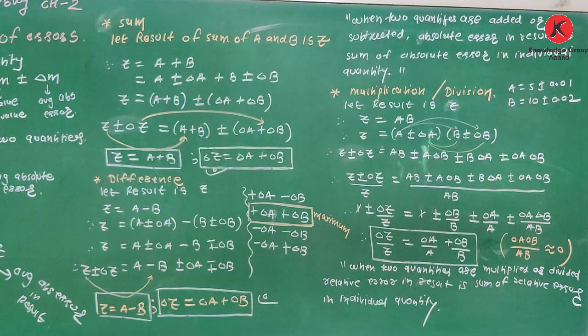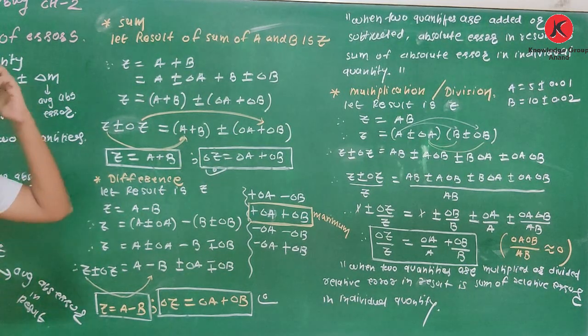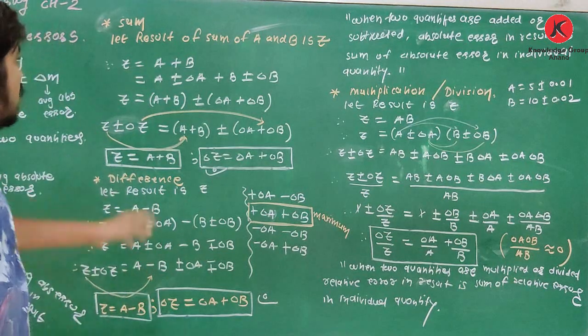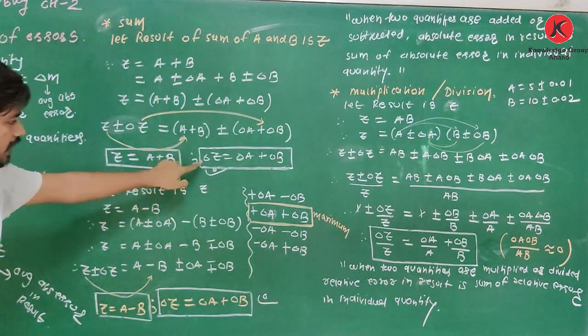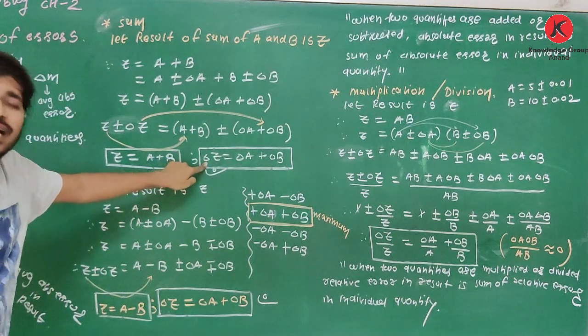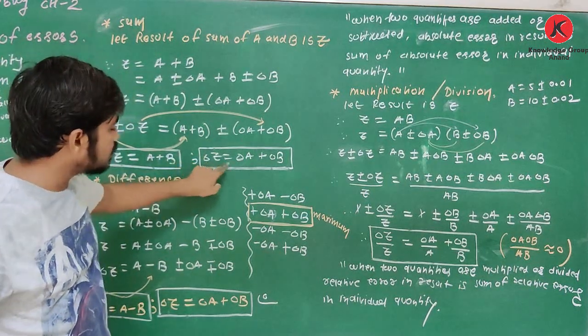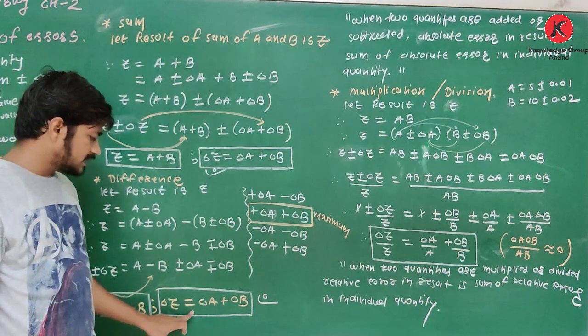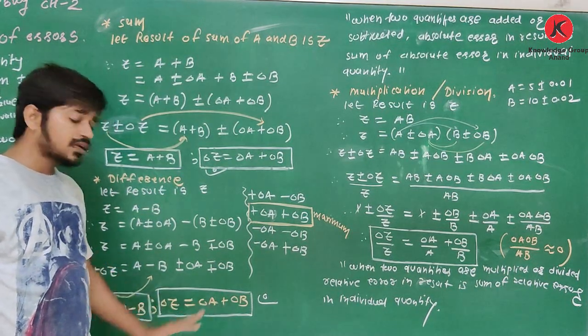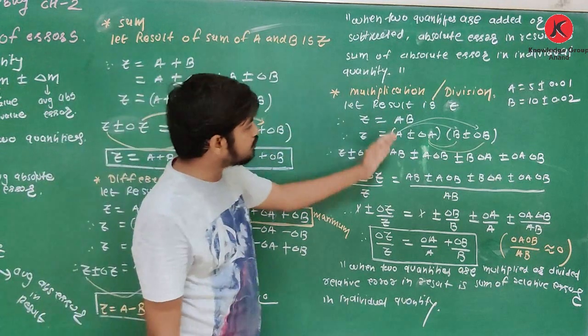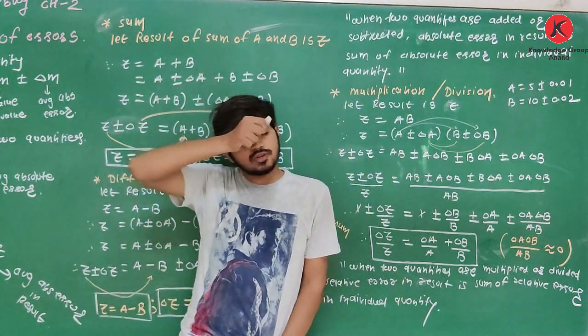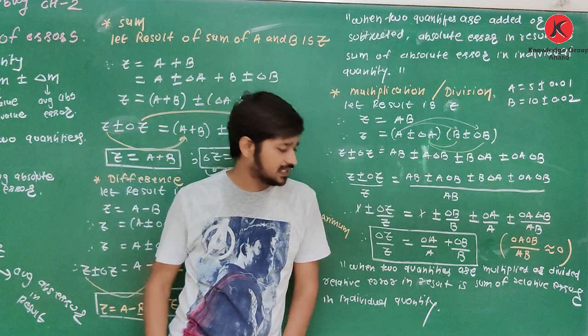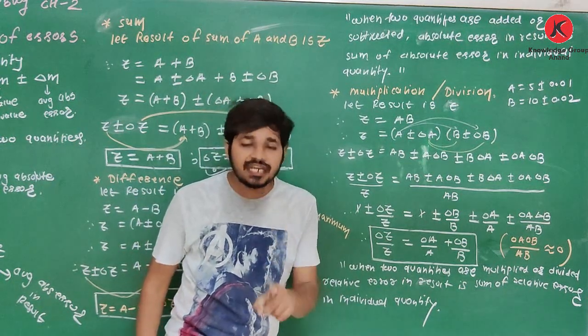Combination of errors. We have considered two physical quantities A and B. First of all, in the sum, the average absolute error is the sum of the absolute errors of A and B. Here also the same result: absolute error is equal to the sum of absolute errors of A and B. But in case of multiplication and division, it is the sum of relative errors.